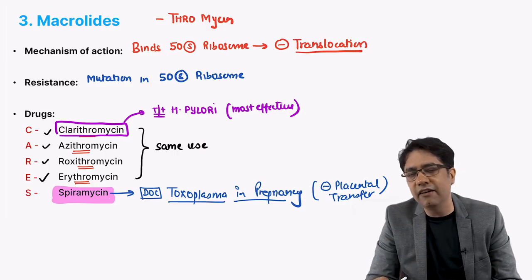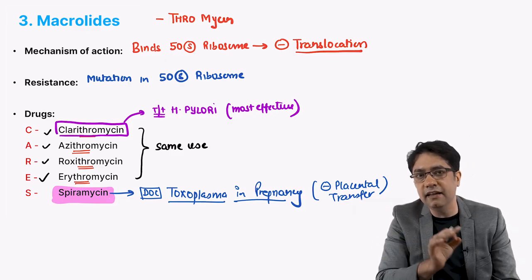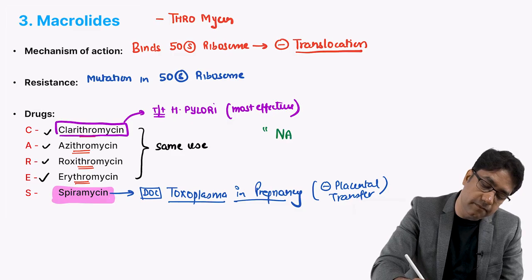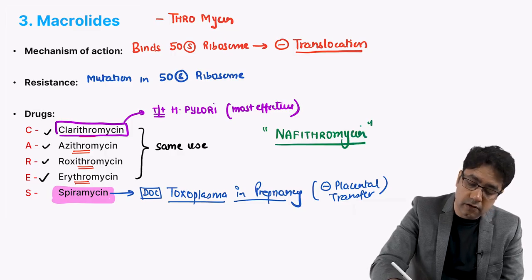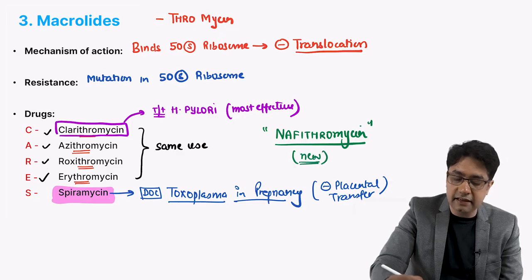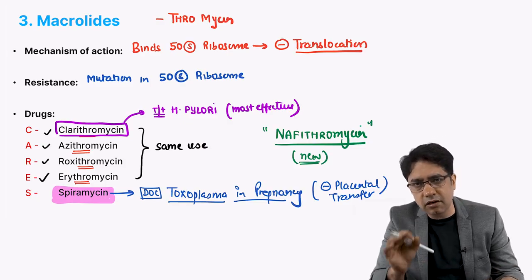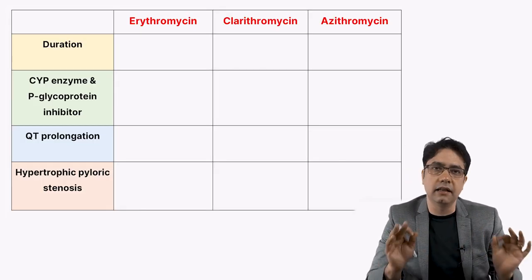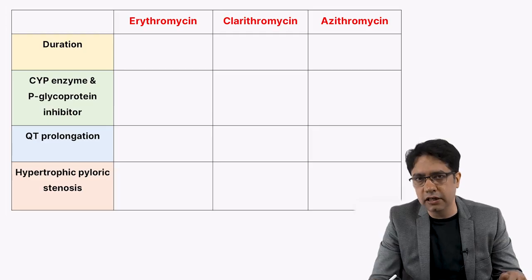Now recently we have developed a new drug, made in India, that is nafithromycin. So nafithromycin is a new macrolide developed recently in India. Before coming to their uses, the three most commonly used macrolides are erythromycin, clarithromycin, and a very famous azithromycin. Let's compare these three together.